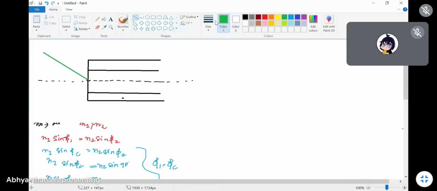That ray will travel inside your optical waveguide, and this angle is your acceptance angle, which we represent as theta A. It will travel inside your waveguide, and then you will see a total internal reflection, and in this manner the ray will go on reflecting.